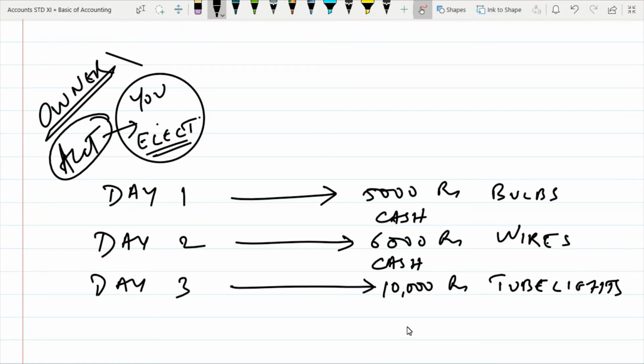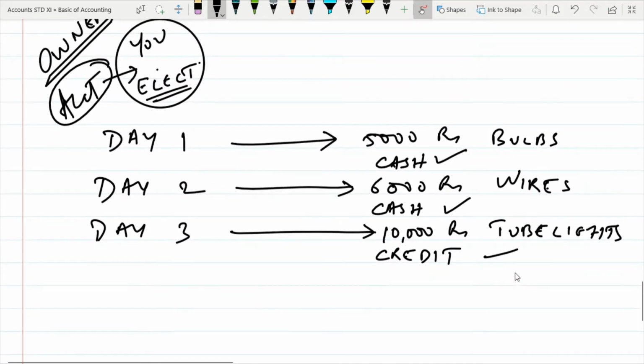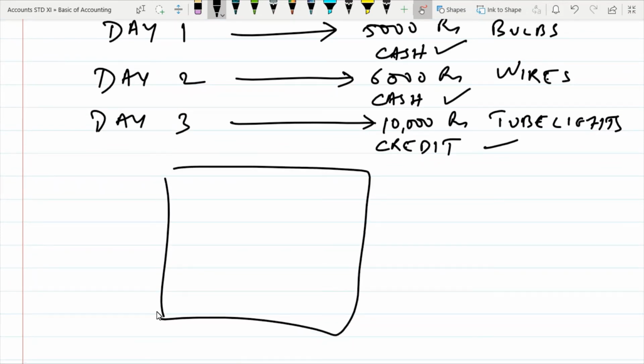Now, in this case, here you have sold on cash, here you have sold on cash, and here you have sold on credit. Okay. Now, say you are given a book and you are recording all these transactions. Say now you do not know commerce, you are not a commerce student, and you have a book.